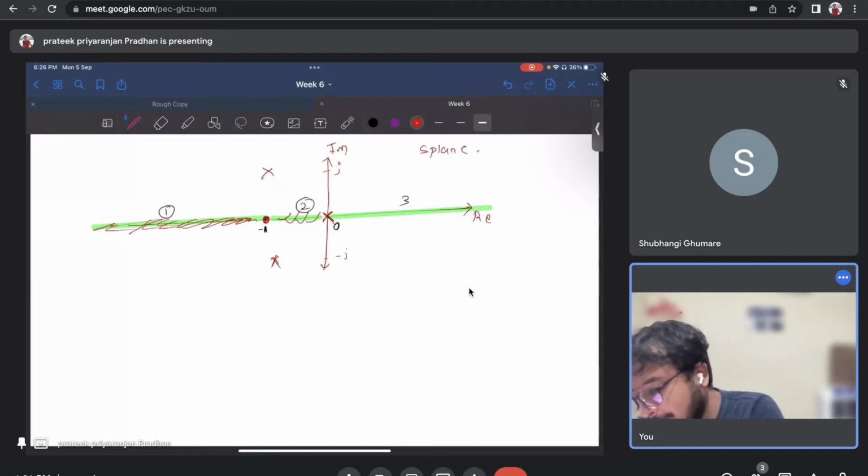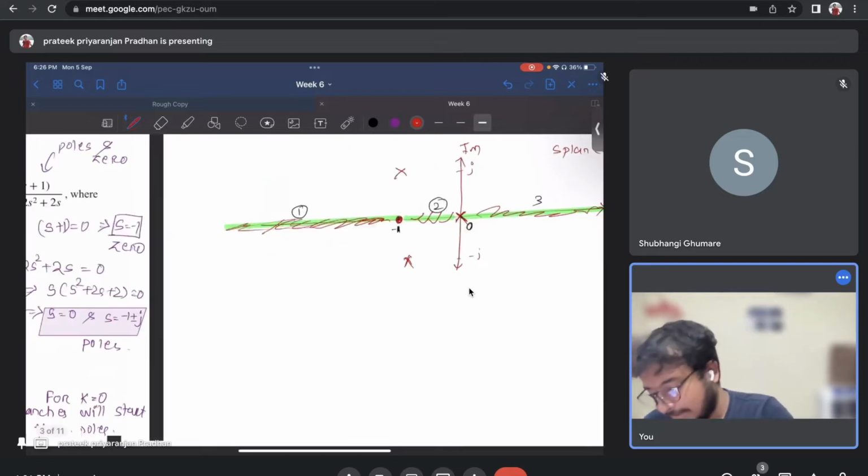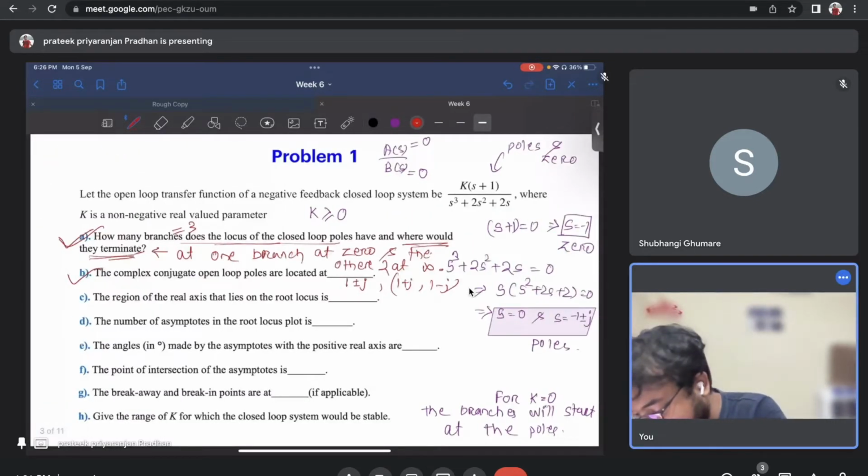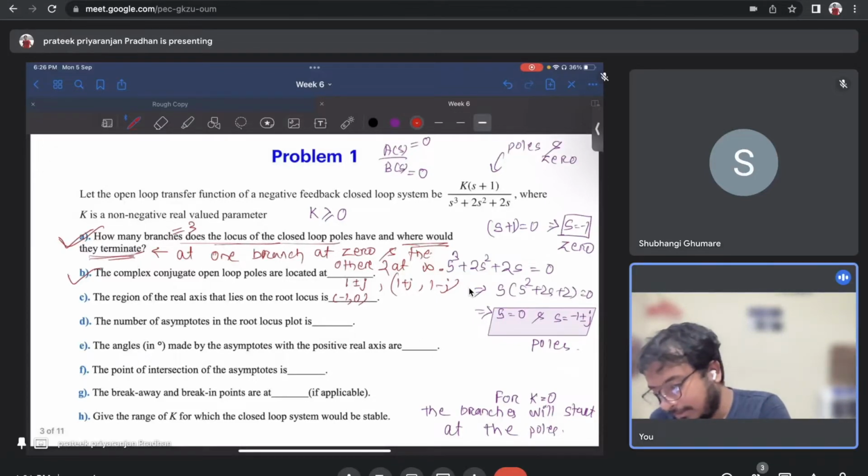And what about the third part? In the third as well, there are no poles towards the right. So 0, it's not an odd number. That's why the region on the real axis that lies on the root locus is -1, 0. Then this question is solved.